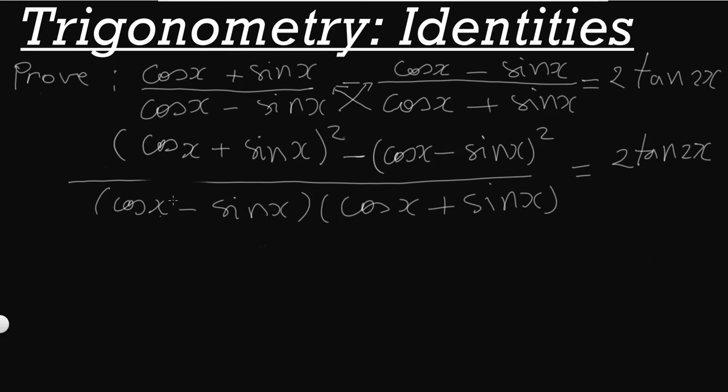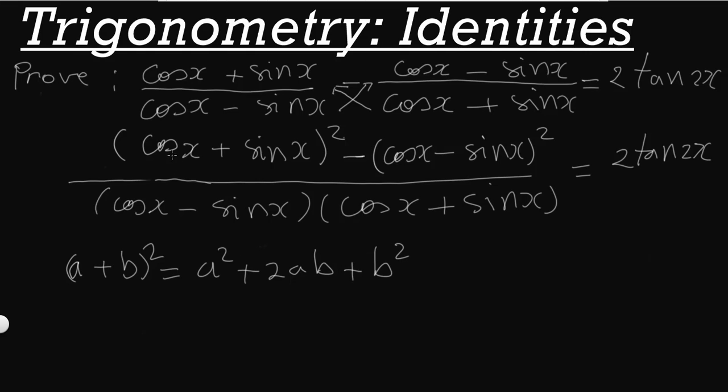Now, if you remember this formula, a plus b squared gives you a squared plus 2ab plus b squared.